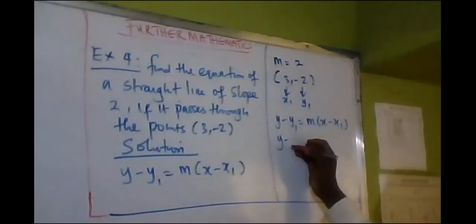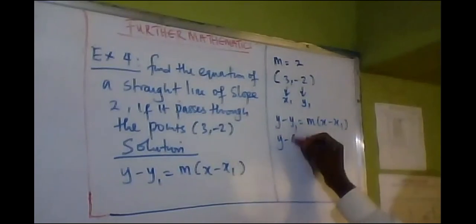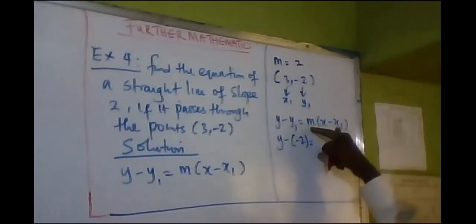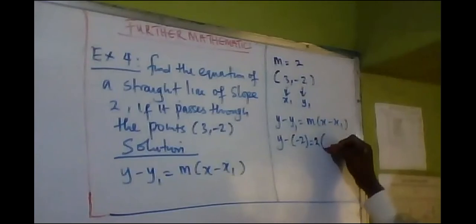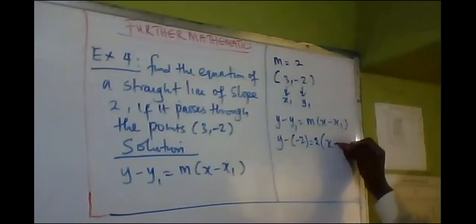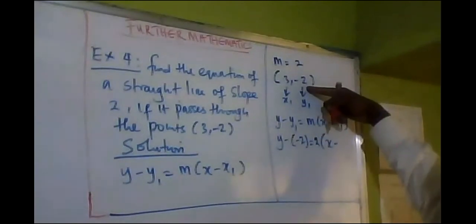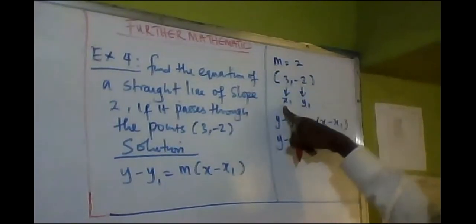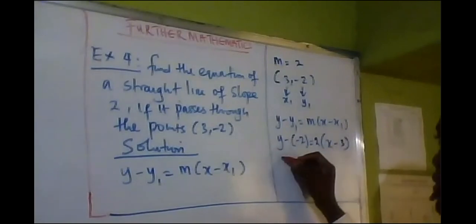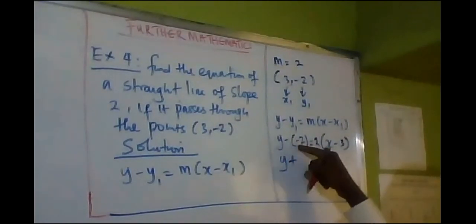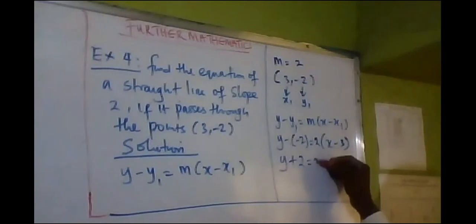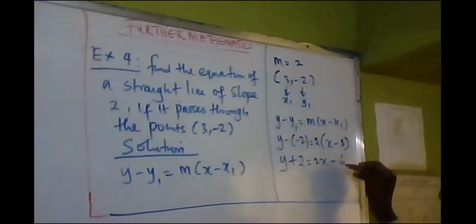You were not given y, but you are given y1. y minus minus 2 is equal to 2 into x minus x1, and x1 is 3. So y plus 2 equals 2x minus 2 times 3, which is 6.